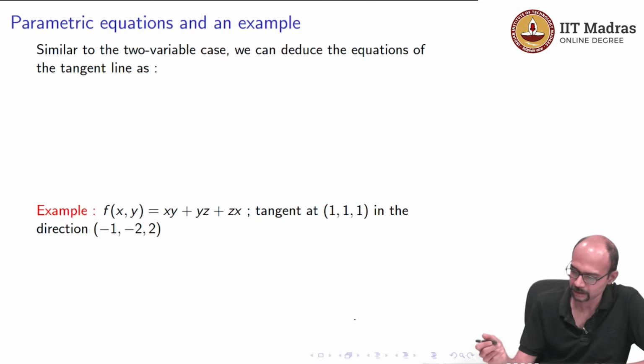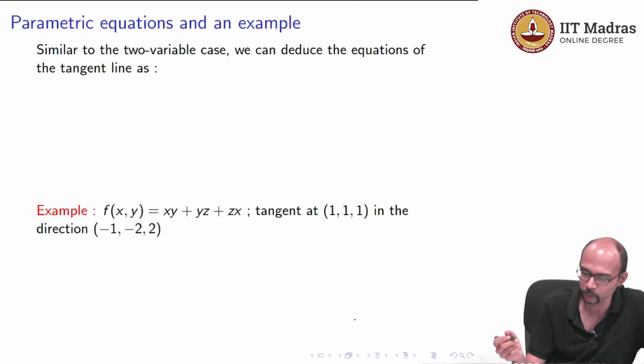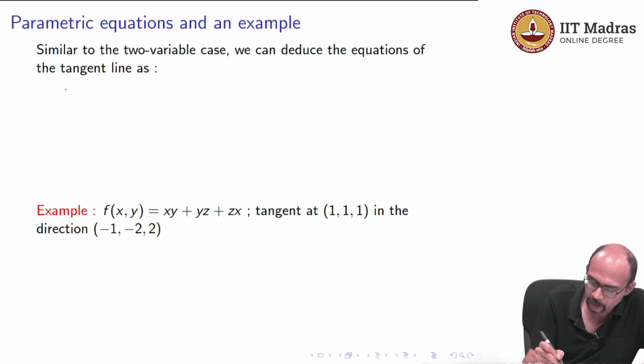So, how do we do that? So, this is very similar to the 2 variable case, and what we can do is now, suppose I have n variables. So, the n plus 1th variable, let me denote by z.